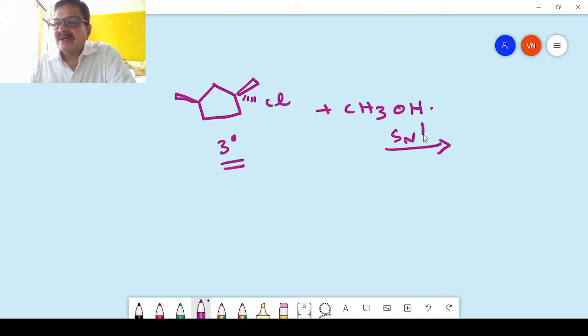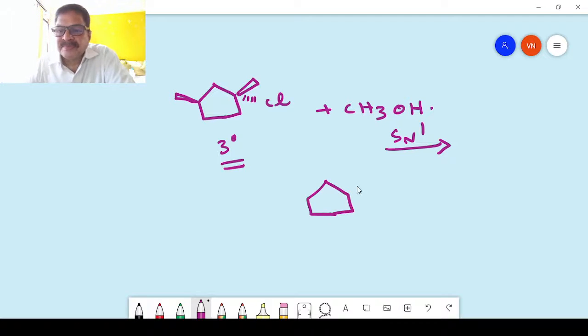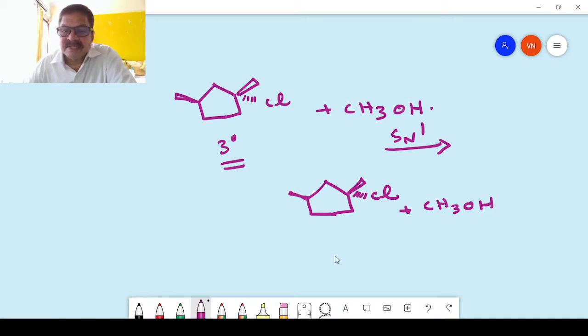We know that. And methyl alcohol is a weak nucleophile also. So the SN1 reaction proceeds with racemization at a single stereogenic center. Two products will be formed here. This will react with methanol.